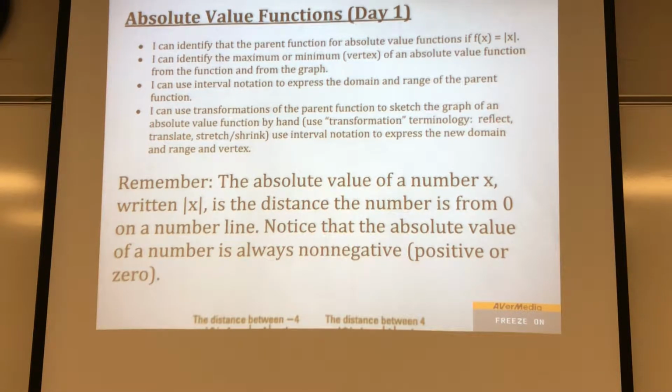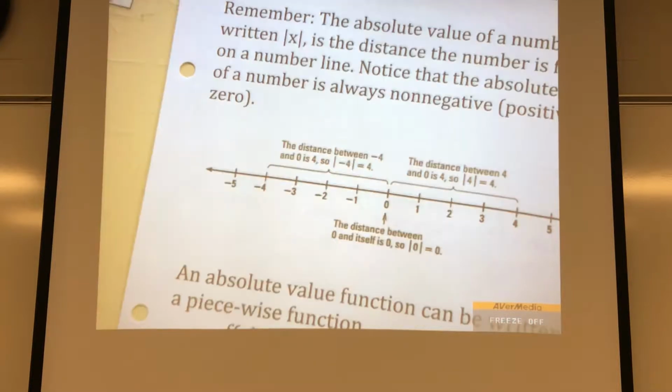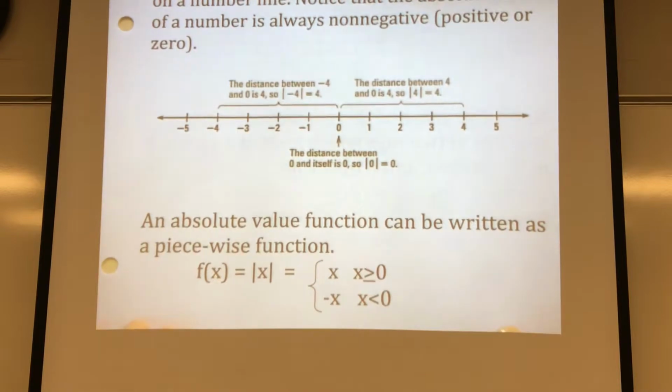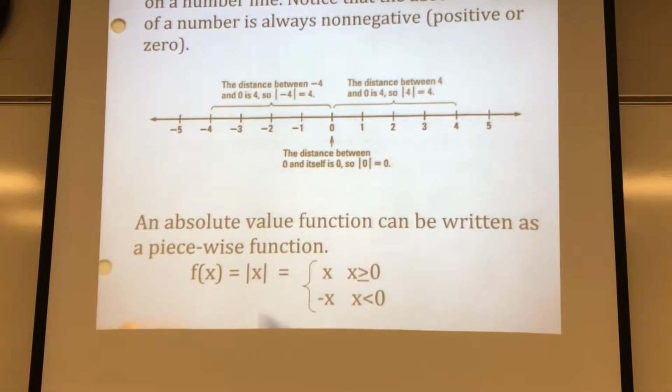Now the reason why we do absolute value right after piecewise is because an absolute value function can be written as a piecewise function. So we have the absolute value function equals x when x is greater than or equal to 0, and it equals the opposite of x when x is less than 0.